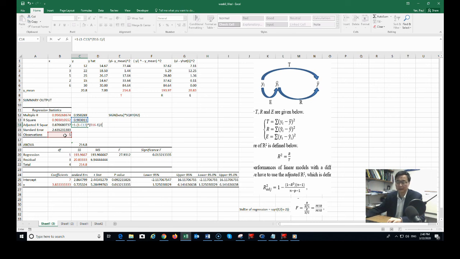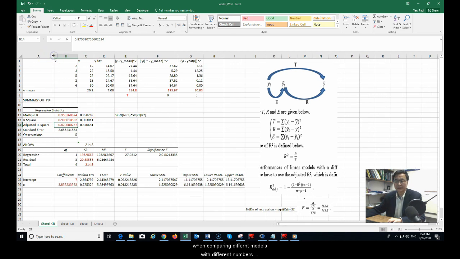We know n is 5, minus 1 and minus 1 again. So this is, we replicate the second result. Okay, so this is adjusted R squared. Again, when we compare different models with different independent variables, we should use adjusted R squared.